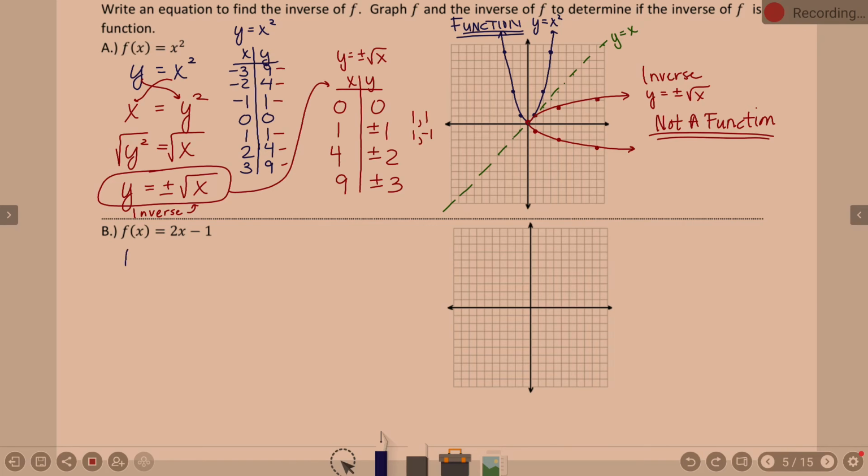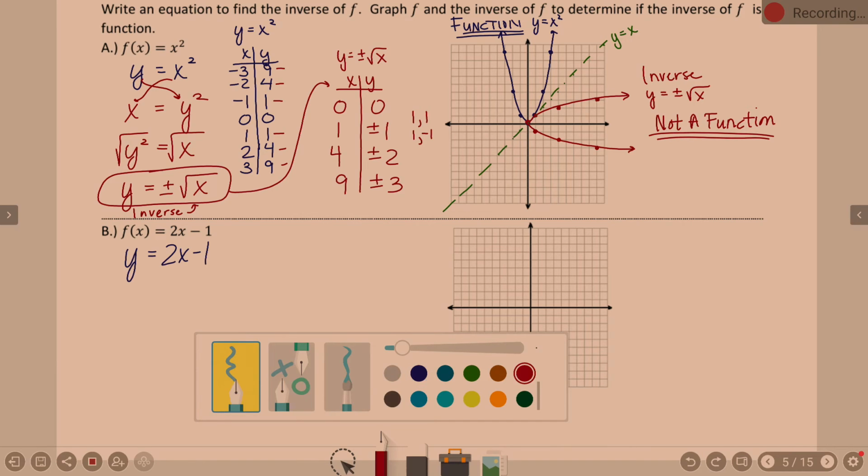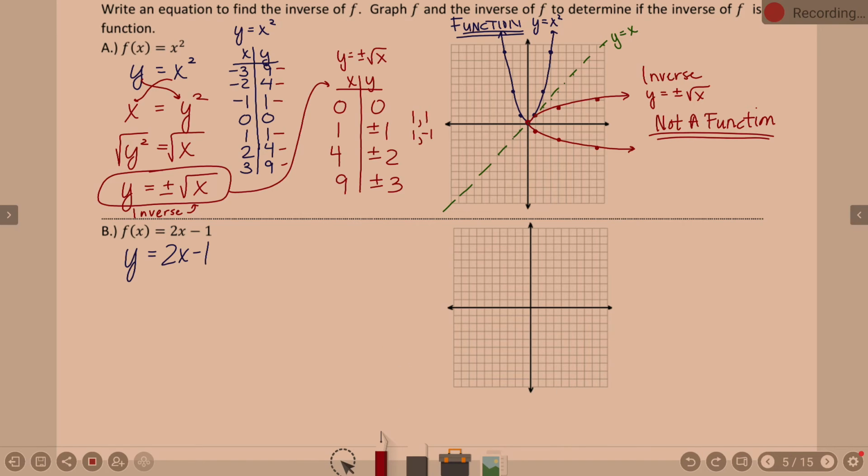So this equation is actually y equals 2x minus 1. How do I find the inverse? Okay. Instead of y equals, I'm going to start with x equals. Instead of 2x minus 1, 2y minus 1.